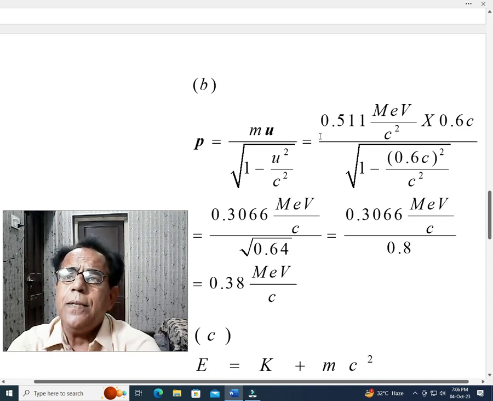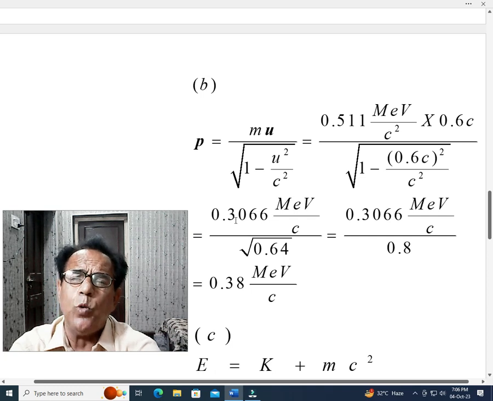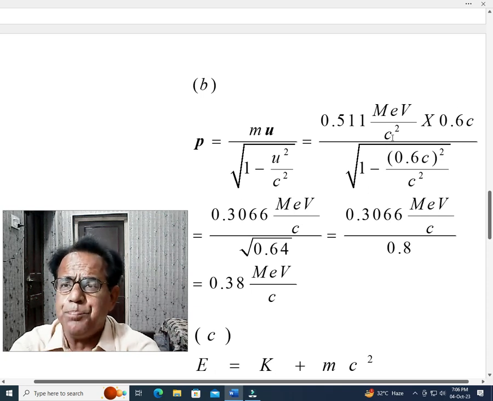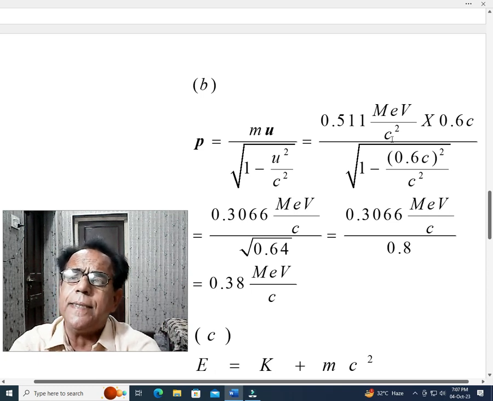When 0.511 is multiplied by 0.6, we get 0.3066 million electron volt over c, because one c will be cancelled out with this c square. The c square will remain a single c, because c is in the numerator and c square is in the denominator.